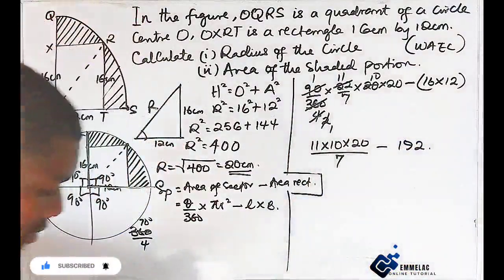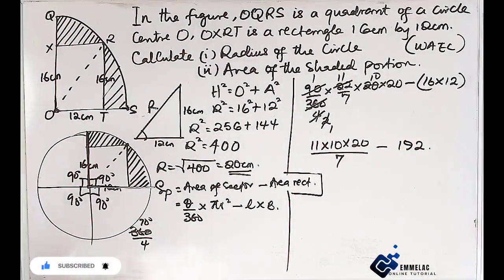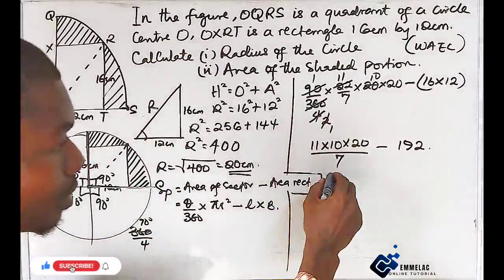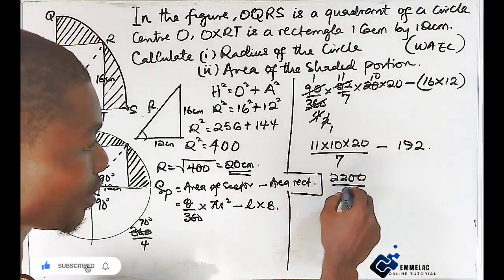The whole of the right hand side gives us 11 times 10 times 20, that will be 2200 divided by 7.